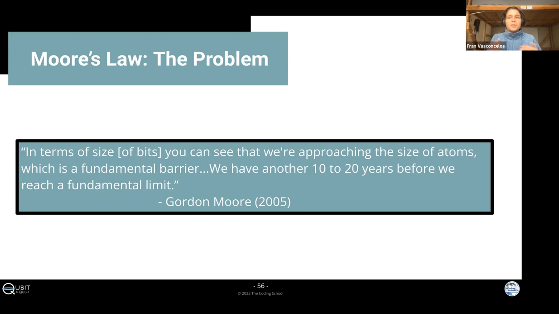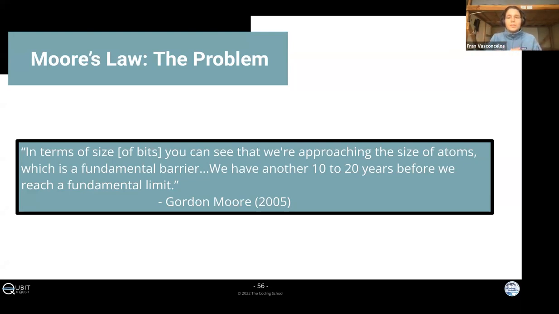So what we've seen in more recent years is that computer engineers haven't been able to continue this exponential growth by making transistors smaller, but by being more efficient in how they lay out transistors on a chip, things like that. And that's really harmed our ability to continue this exponential growth.